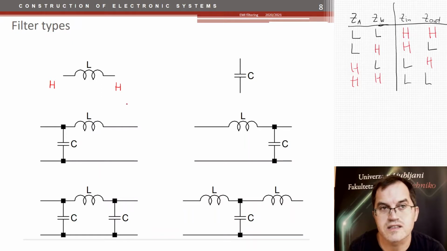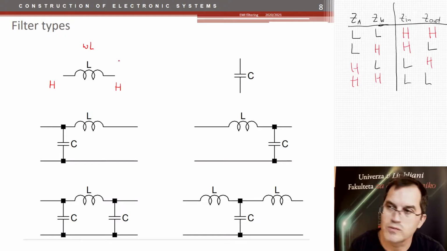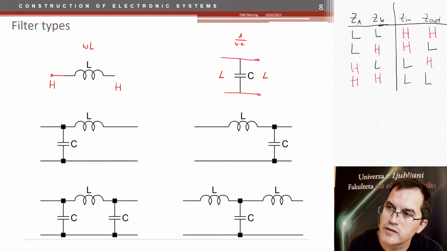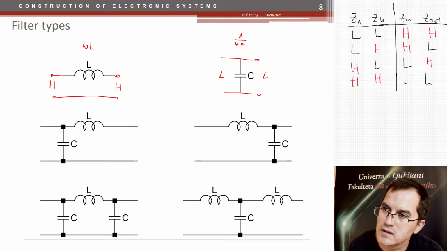We are discussing high frequency impedances here. So the coil has omega L, so at high frequencies it would be high. On the other hand, the capacitor has 1 over omega C, therefore the input impedance would be low and the output as well low. So we have to think of it as a 4-terminal device. Like that.